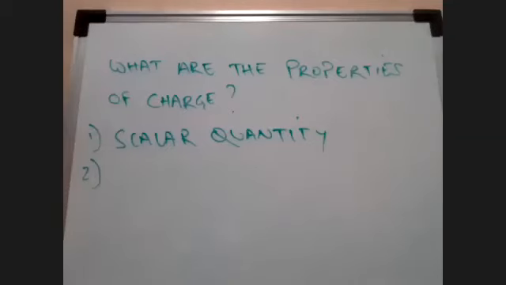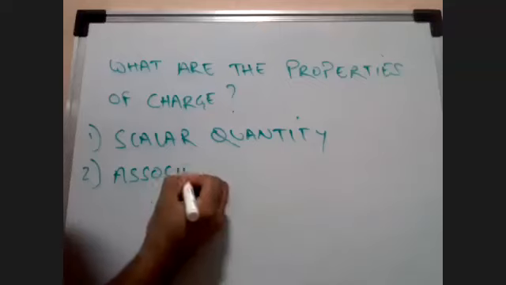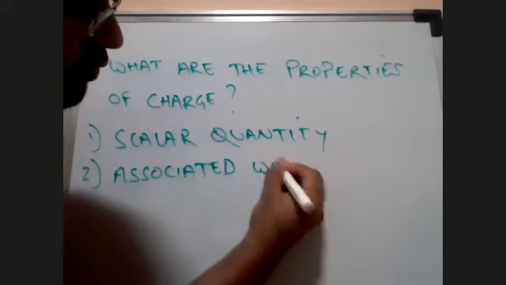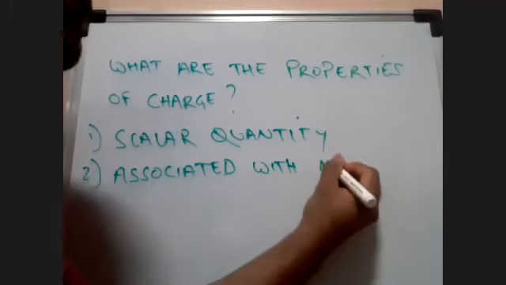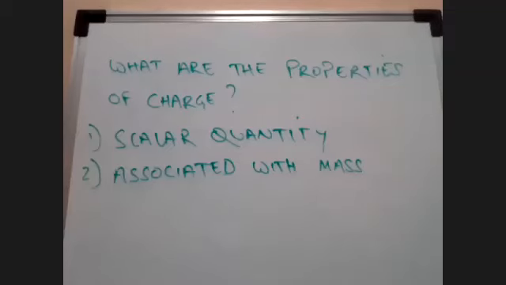Let's look at the second one, and that is charge is always associated with mass. Charge cannot exist without mass, though mass can exist without charge.